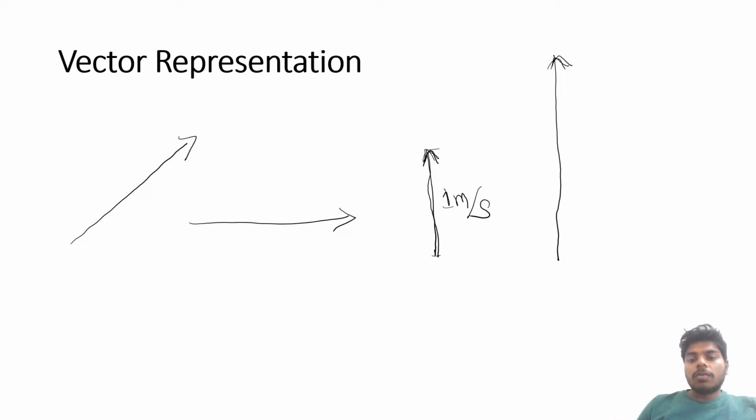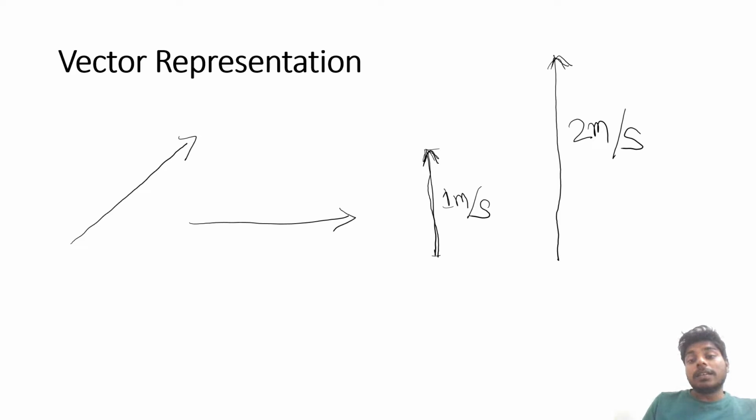So if you want to draw a vector which has 2 meter per second, I have to draw an arrow of 2 times the length. This is a little bit 2 times of this length, 2 meter per second.